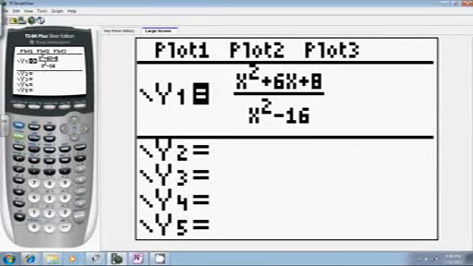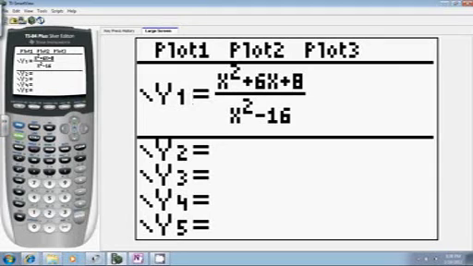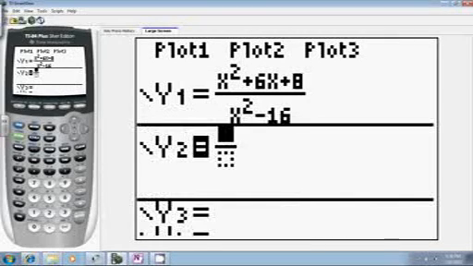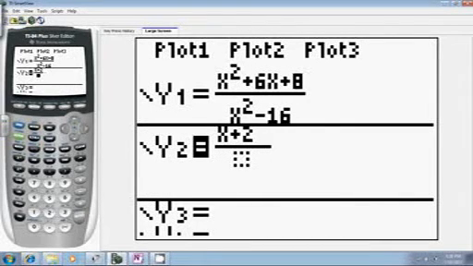So let me turn this graph off, and now I'm going to graph x plus 2 over x minus 4. Now this is the simplified result of my original function.